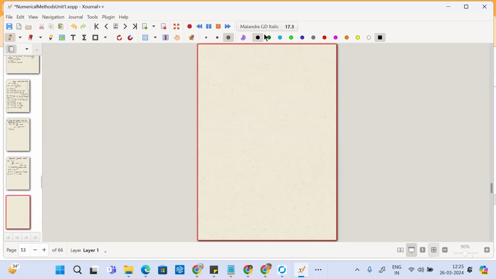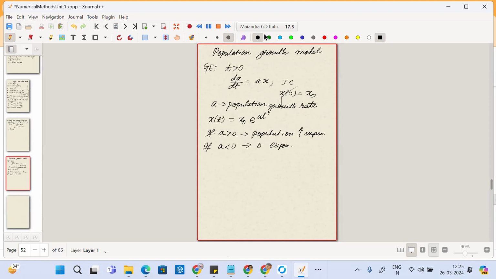Therefore, there is a need for a new model. Okay. We need a new model. So an ecologist named Verhulst came up with a logistic model, which is a better model than this. So what did he do?